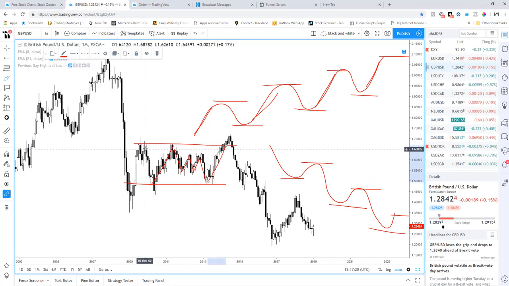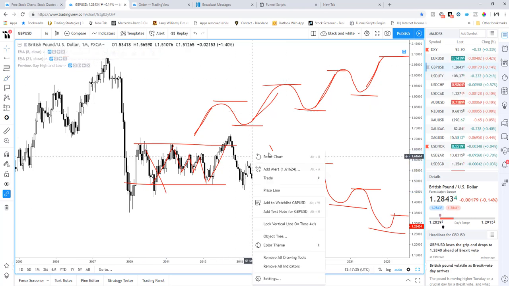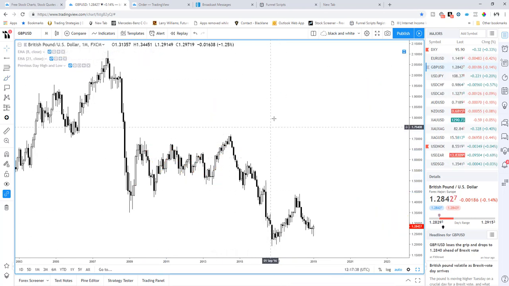On this time frame it's consolidation, there's no trend. But on other time frames, you will see clear cyclical patterns and easy trading opportunities. This is the art of top-down analysis. So let me remove all of these drawing tools right now, and we'll start from scratch.